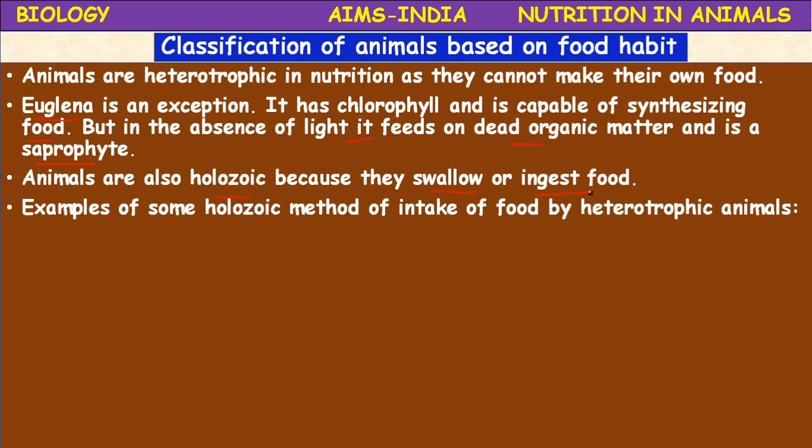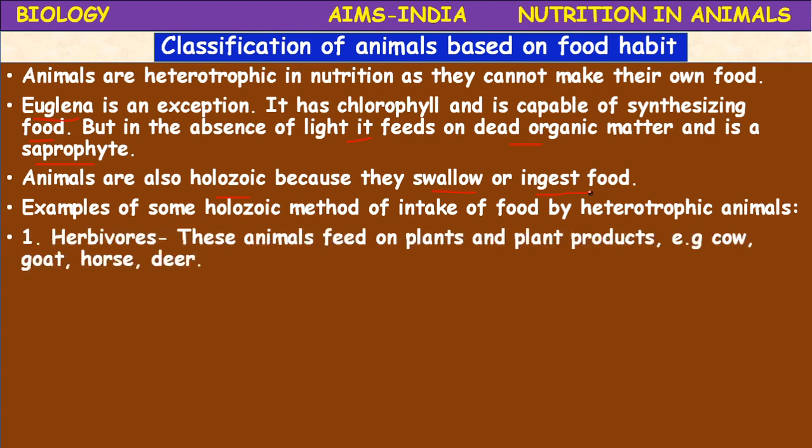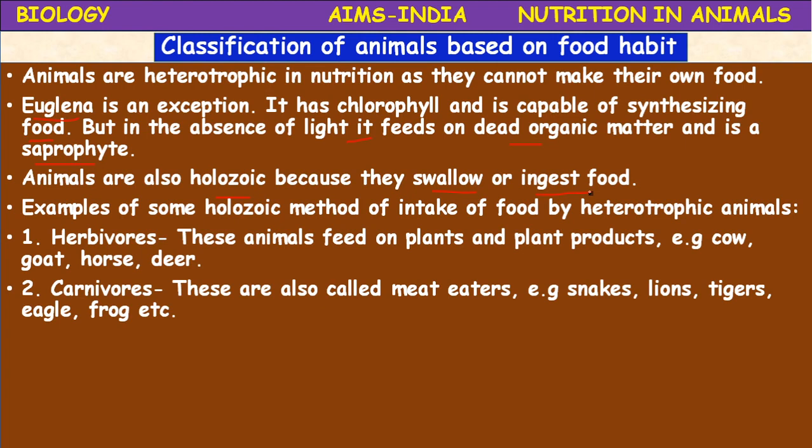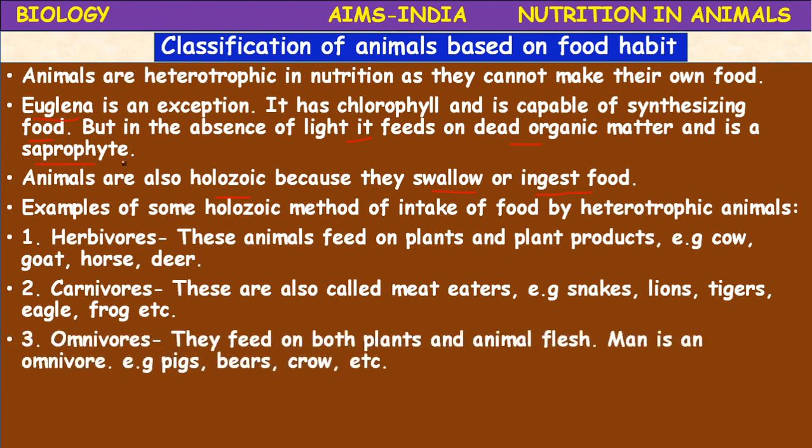Based on the habit of food intake by heterotrophic animals, the animals are classified into three major categories: herbivores, carnivores and omnivores. First, herbivores. What are herbivores? These animals feed on plants and plant products.